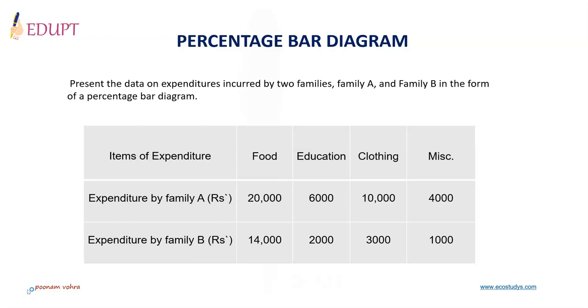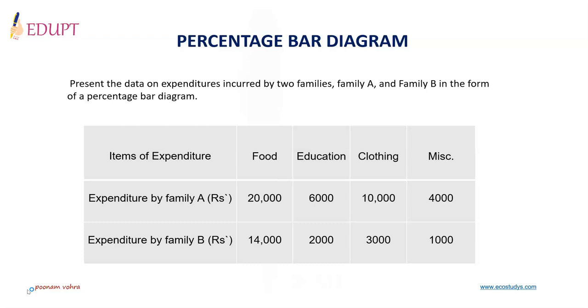And one can use different colors to distinguish different components from each other, as is done in the case of subdivided bar diagram. So let us understand this numerical example. Here the items of expenditure are given as food, education, clothing and miscellaneous. And expenditure is incurred by two families A and B to be represented through a percentage bar diagram.